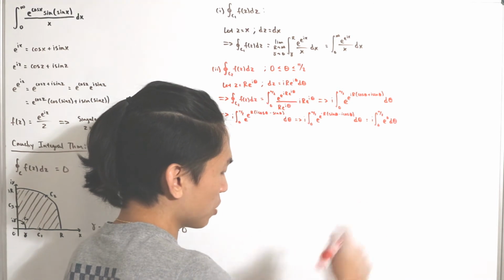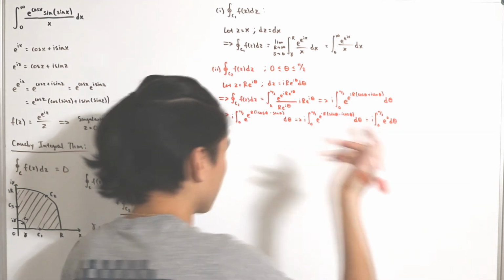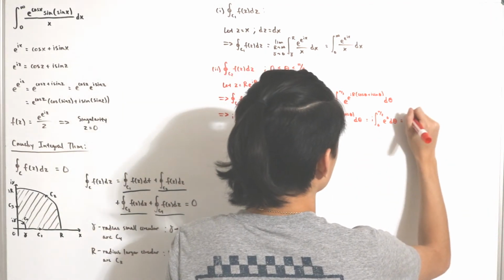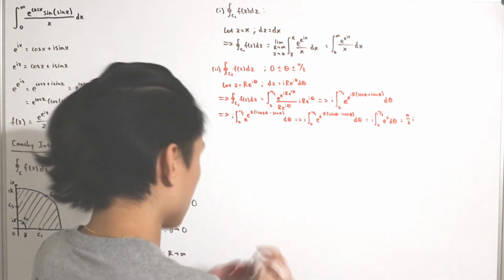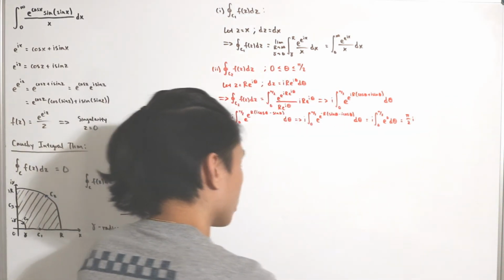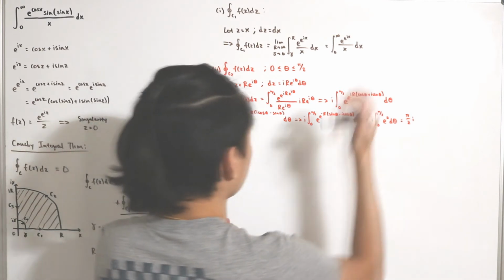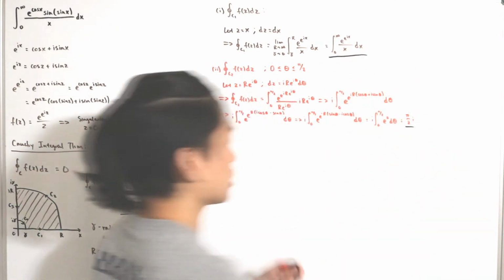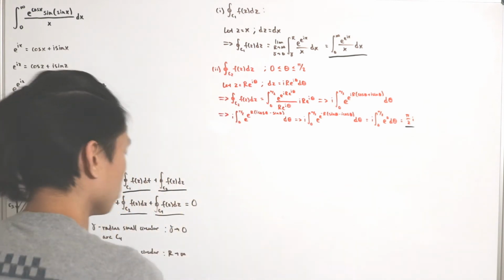If you integrate 1, you get theta, and evaluating the bounds from 0 to pi over 2, that's equal to pi over 2 times i. How about I underline our evaluated integrals, first this one and then this one, so we can keep track of each of our contour integrals.